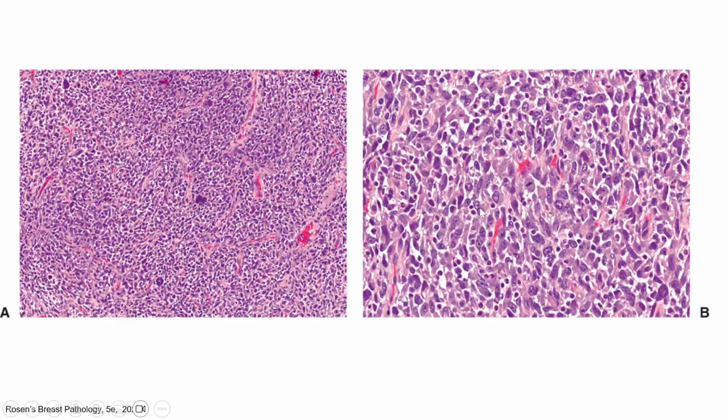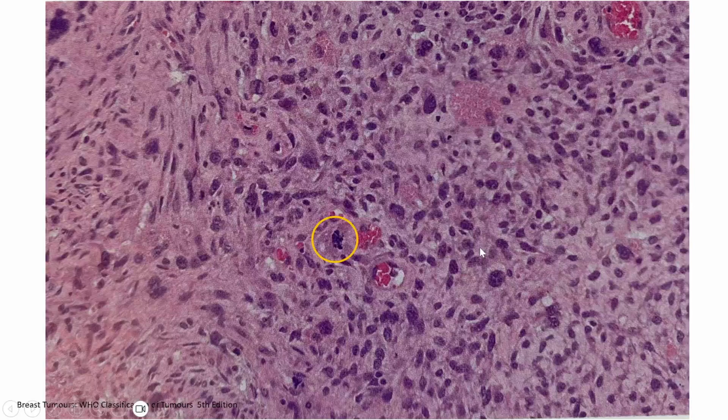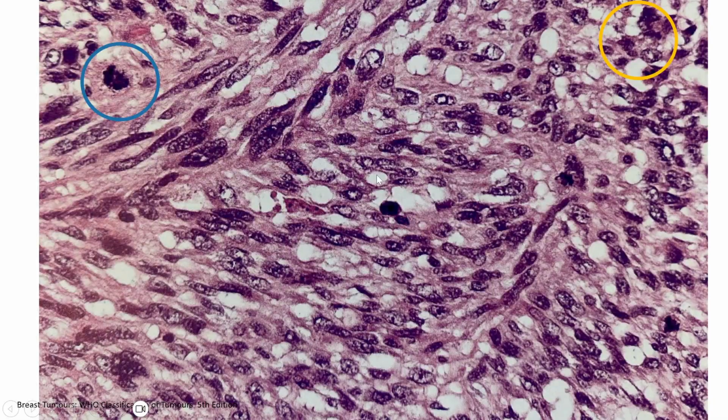You can never see this kind of nucleus in the benign entity. Here we can see mitosis, kind of atypical mitosis. Also polymorphic cell, mitosis, another mitosis, atypical mitosis. So when you see this stroma, that is malignant phyllodes.